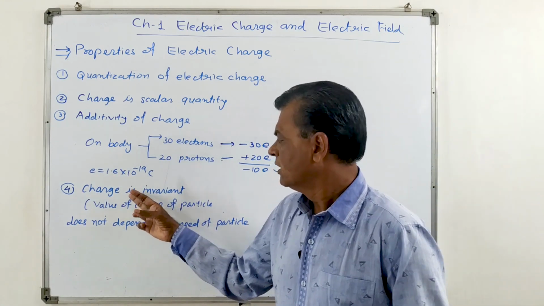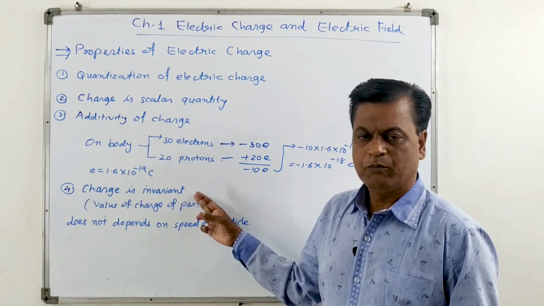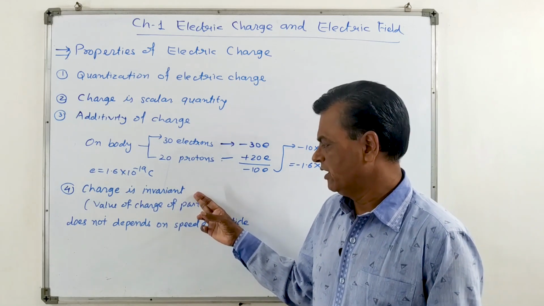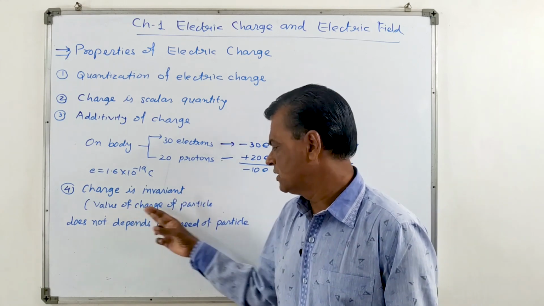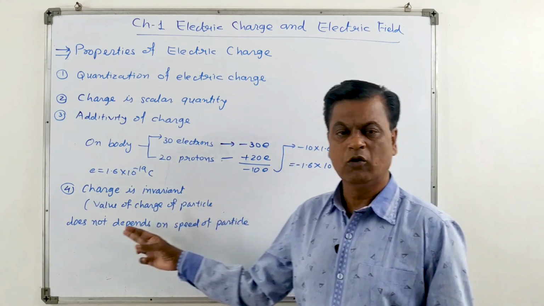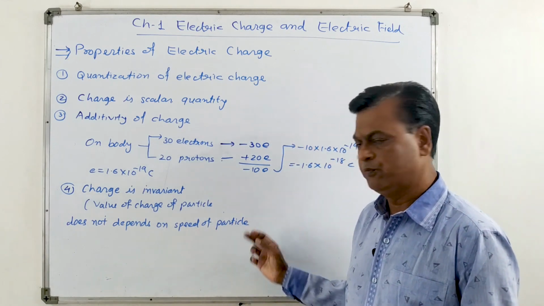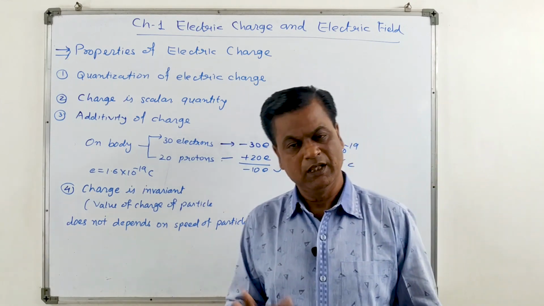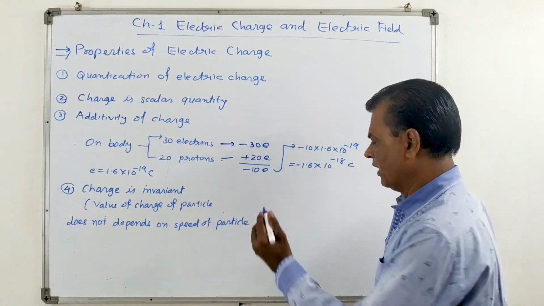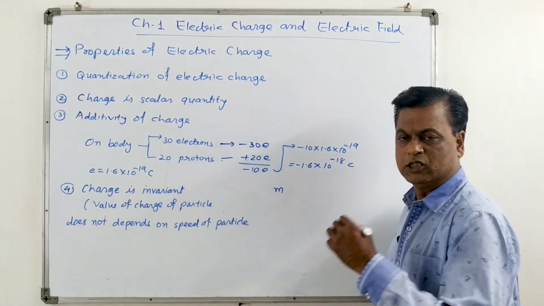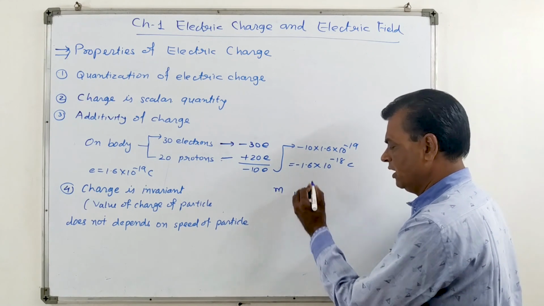Now the fourth property: charge is invariant. Invariant means it does not change. So the value of the charge of a particle does not depend on the speed of the particle. To explain this, consider that the mass of the particle is m and the speed of the particle is v.